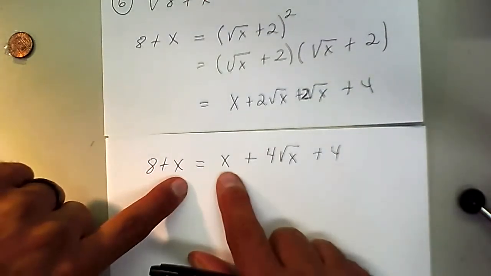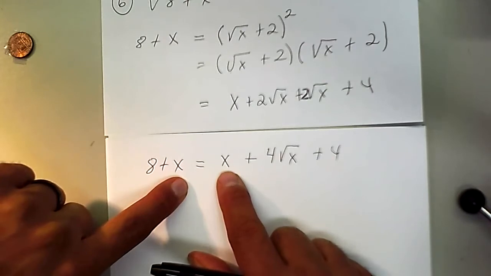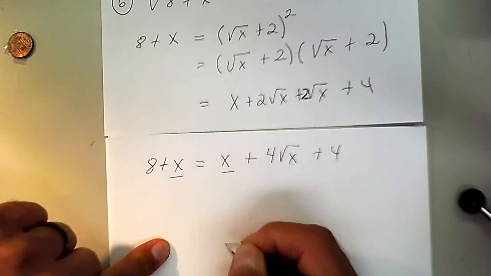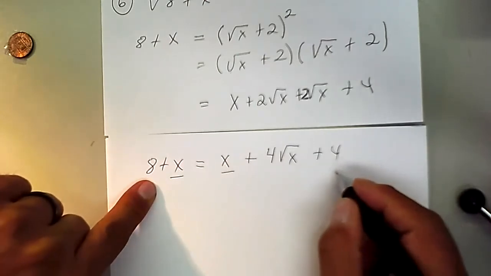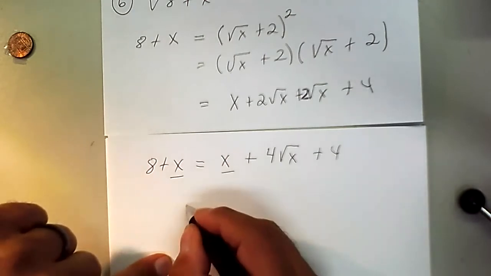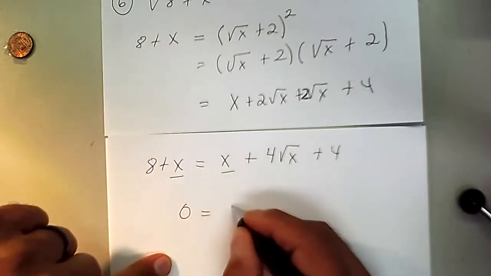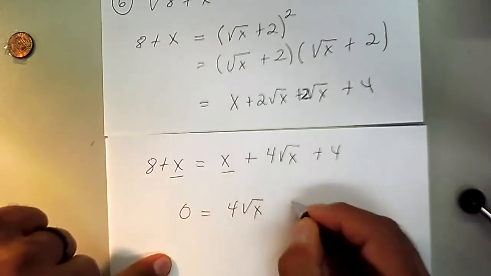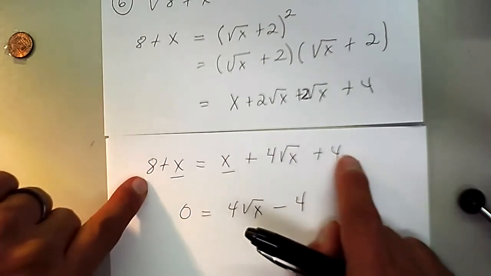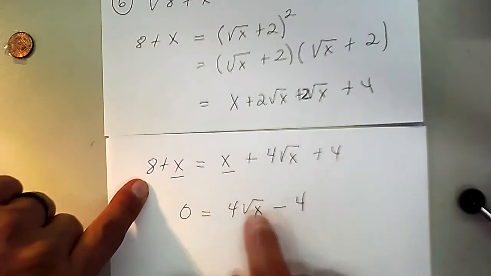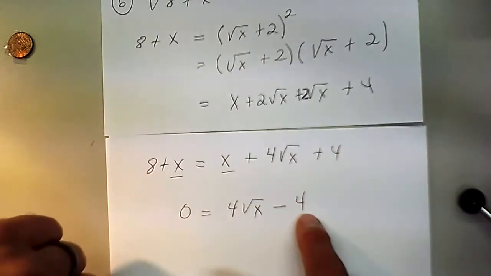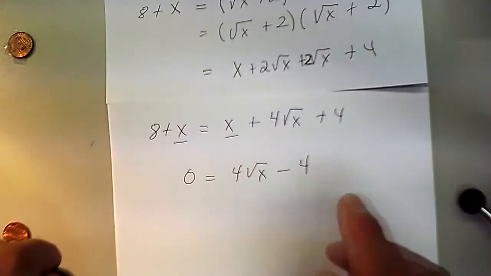We can subtract the x from both sides of the equation. So those two x's go away. We subtract 8 from both sides of the equation. So we end up with 0 equals 4 root x minus 4, because 4 minus 8 is negative 4. Okay.